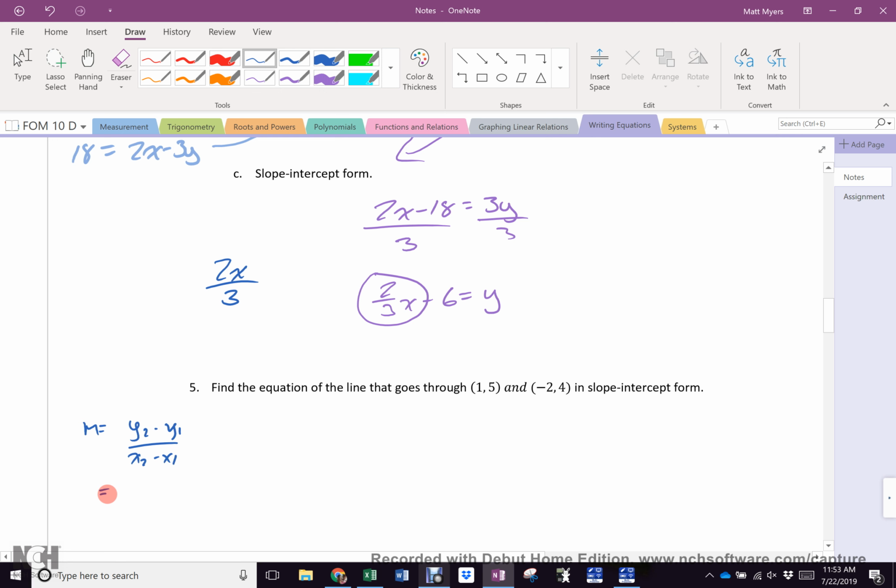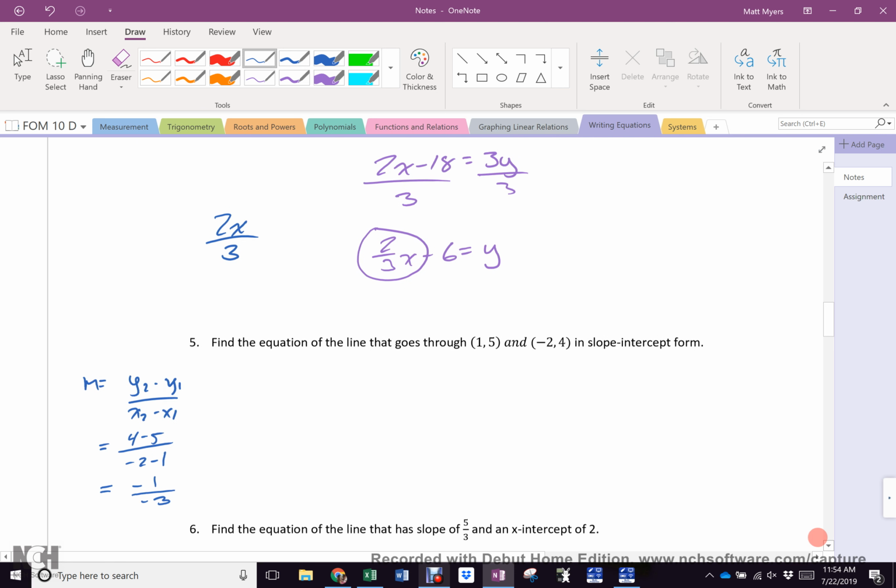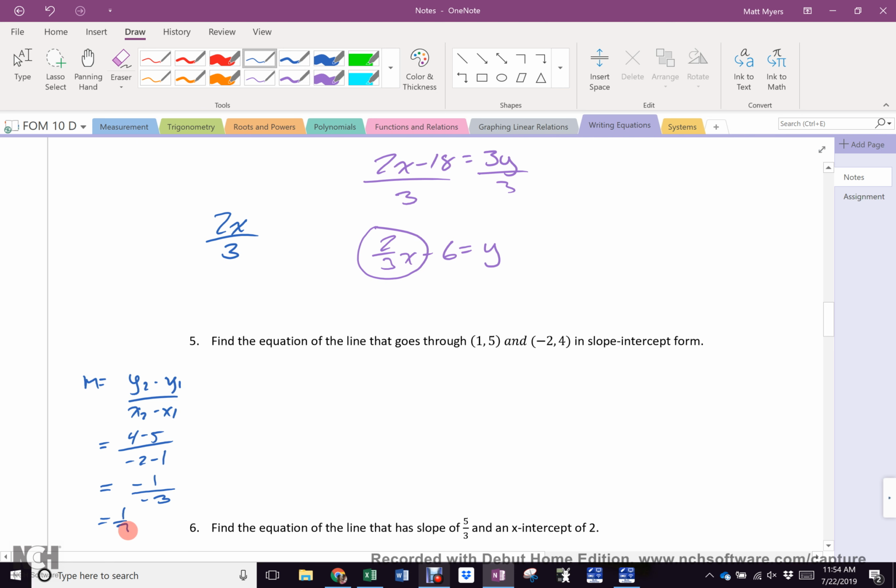What's it going to be? Four minus 5 over negative 2 minus 1, which is negative 1 over negative 3. 2 negatives make a what? 1/3. So now I have my slope, yes?